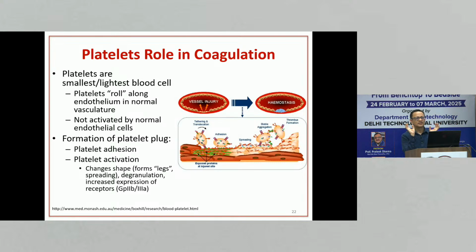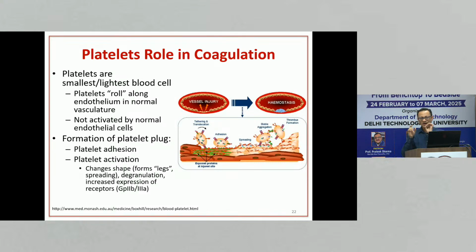Okay. Can you guess approximately how many GP2B3A receptors are present on each platelet? So approximately 60 to 80,000.